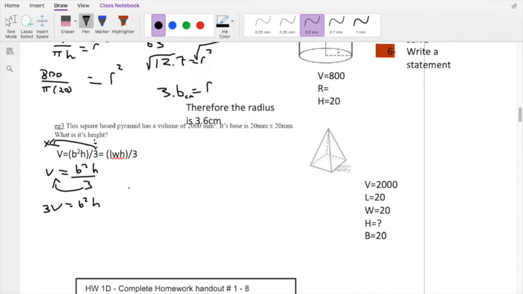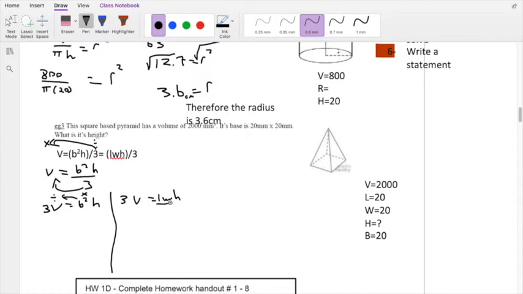If you do it this way, it's going to look like 3v equals length, width, height. Now, these are connected through multiply. So it's a multiply on this side, it's going to become a divide on this side.